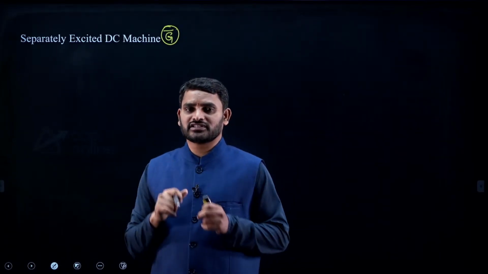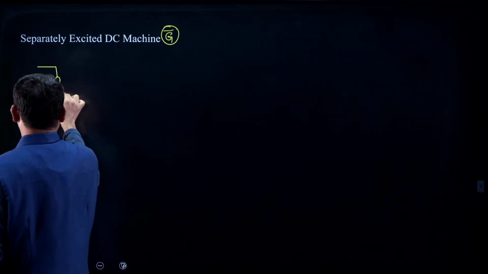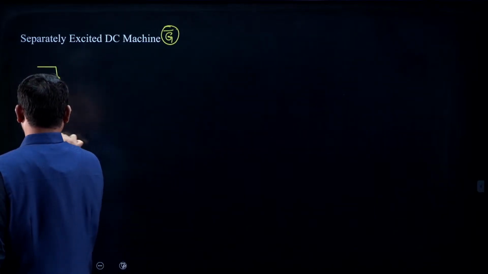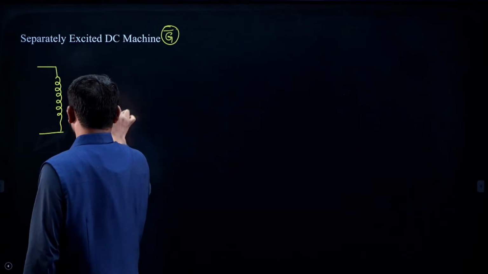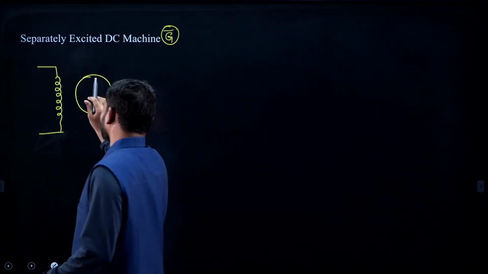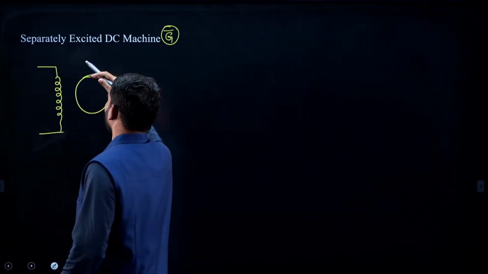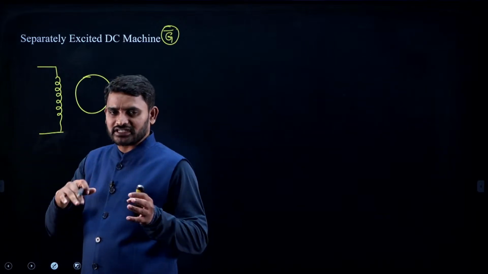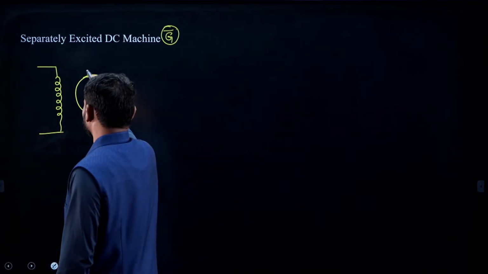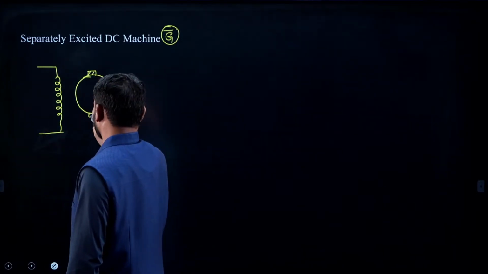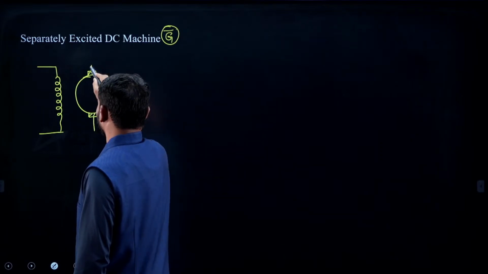The stator part is of field winding and rotor part is of armature winding. So, let me represent the field winding here. So, this is my field winding and this is my armature, generally armature, along with that commutator and brushes will be we can represent, but I am simply drawing those figures here.